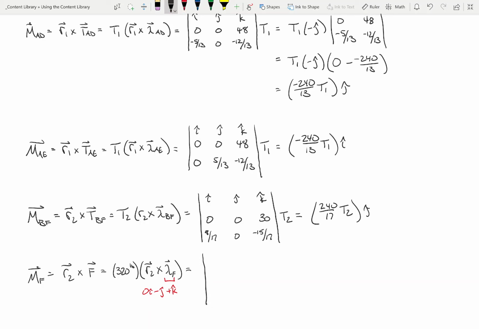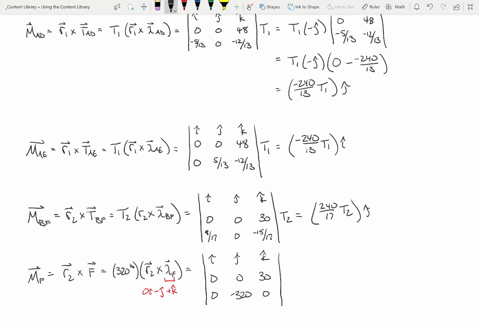So here's my point, right? So when we write this out, what I'm going to do is I'm going to say 0, 0, 30. And then our force vector was, what was it? It was 0, minus 320, 0, right?